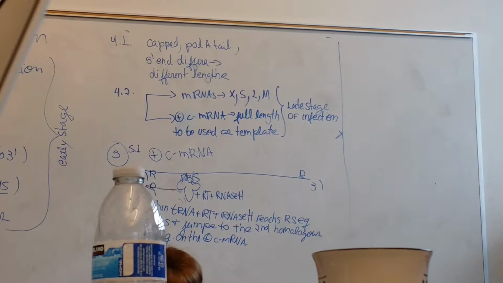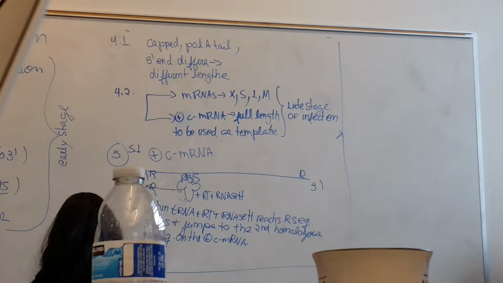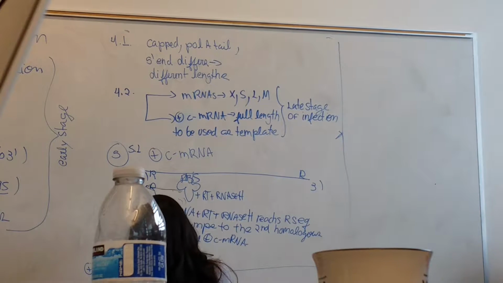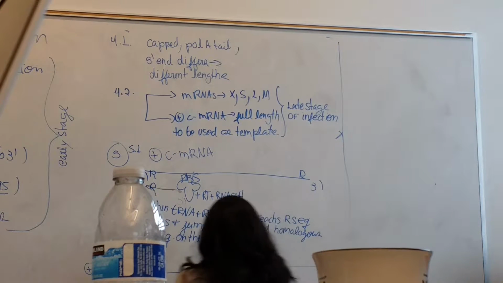So I'm going to have the 5' RNA to 3' C positive C messenger RNA. And now I have R sequence here, I have R sequence here.